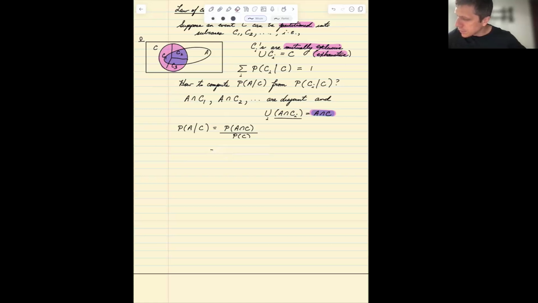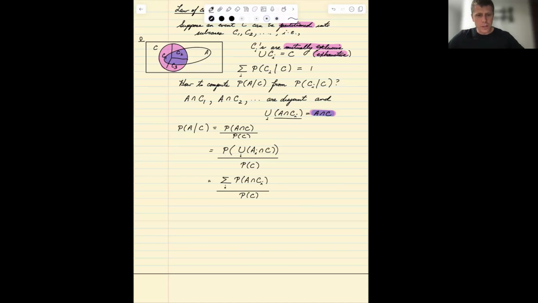Let's be explicit about this. This can be written as the probability of the union of the A intersect Ci's divided by the probability of C. Since it's a disjoint union, it's a sum of the probabilities, over the probability of C.